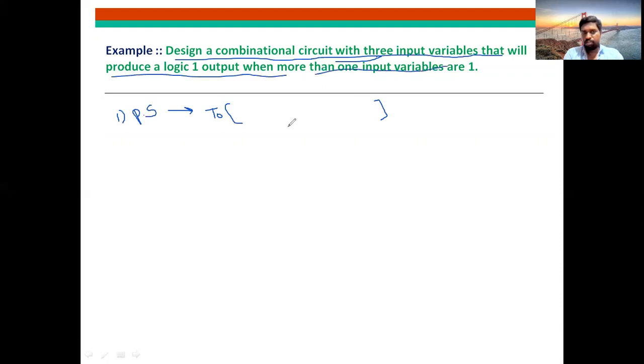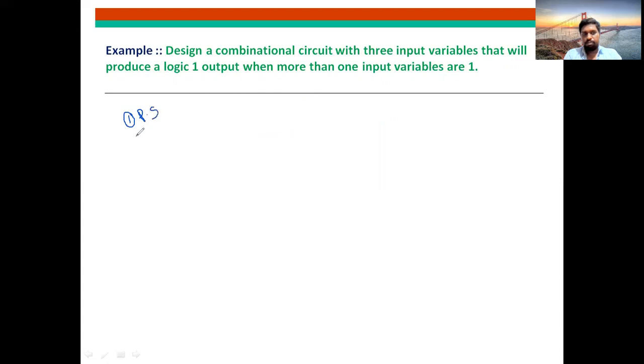The entire question is copied here, just adding the word "to" before it. So it will be the problem statement. Why? Because the problem statement reflects the requirement given to you. Next, step number 1 is completed, that is the problem statement.